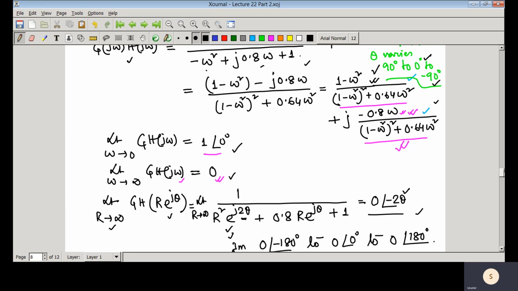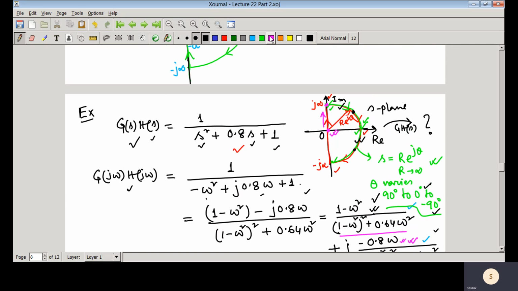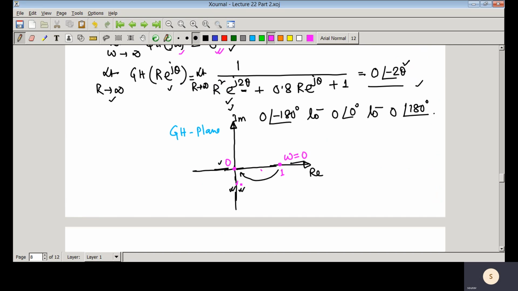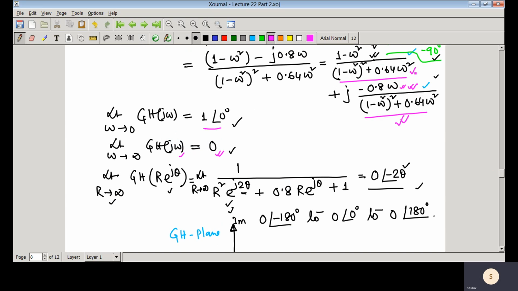Plus minus 1 means we are increasing the frequency from omega equal to 0 to omega equal to infinity, so there is one frequency, omega equal to 1 rad per second, where it cuts this particular axis because the real part becomes 0.